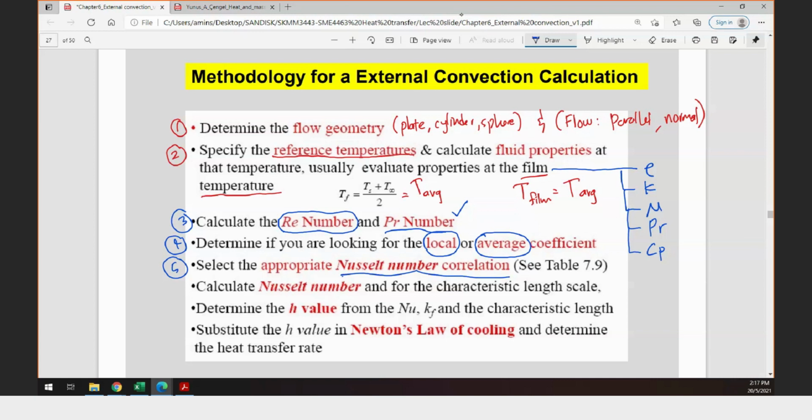Normally in external convection, they already put it in Table 7.9. In fact, I'm not sure whether this table is the same as in your recent textbook.